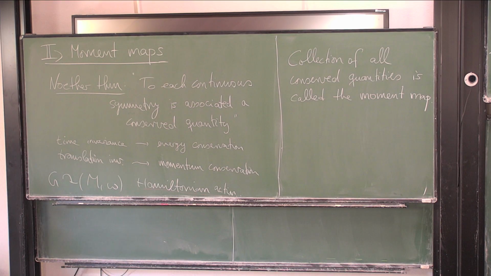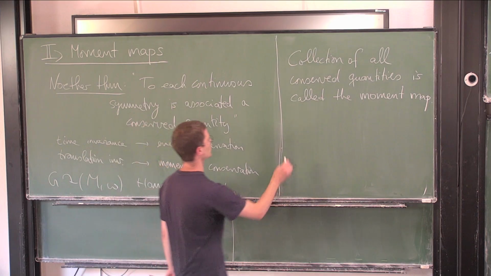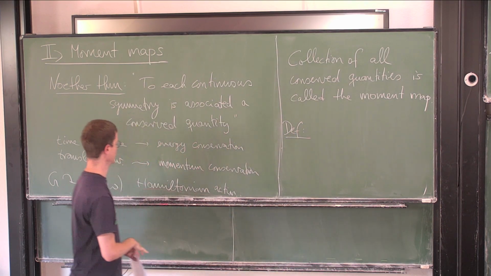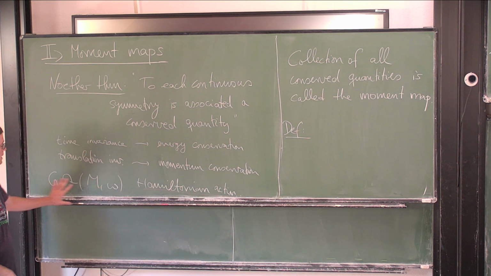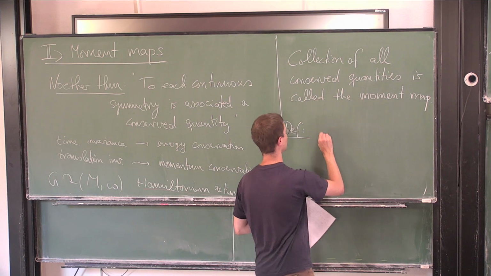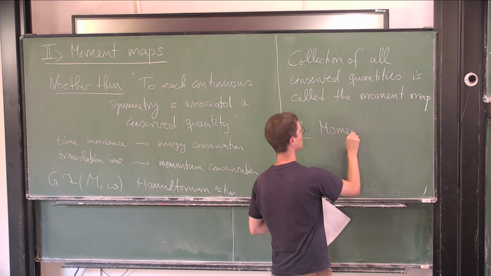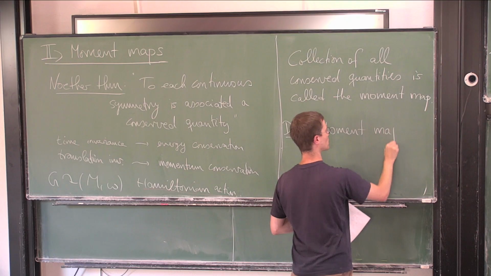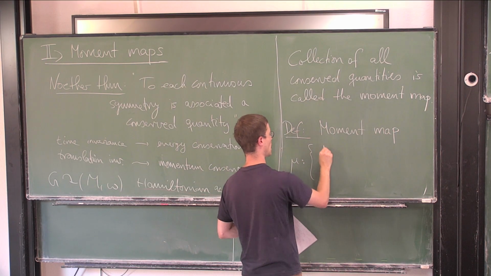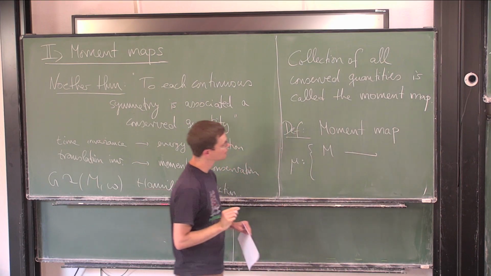So now we can give the exact definition, but I think you will probably be as surprised as I was when I saw it the first time. So again, G acts in a Hamiltonian way on a symplectic manifold. And then the moment map, which we call mu, is a map from M somewhere.